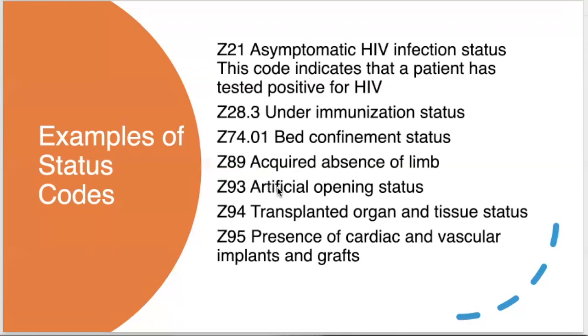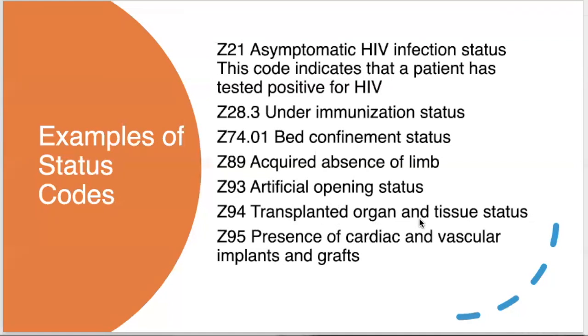If a patient had a procedure where an artificial opening was performed, like a gastrostomy, colostomy, nephrostomy, so those artificial openings, in order for the patient to be able to perform activities like feeding, the patient is being fed through a G-tube, that's a status code, Z93.